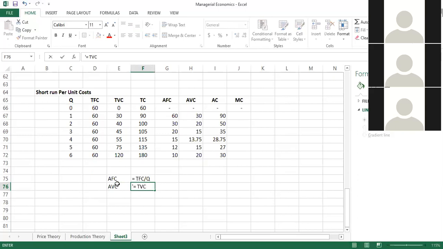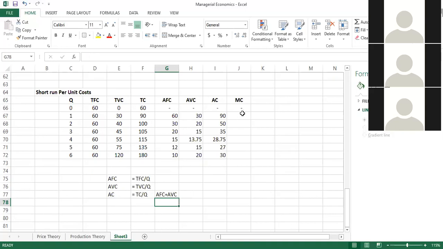But AC you can calculate in two ways. As you mentioned, we can calculate either total cost divided by quantity, or AFC plus AVC. Both methods are correct.